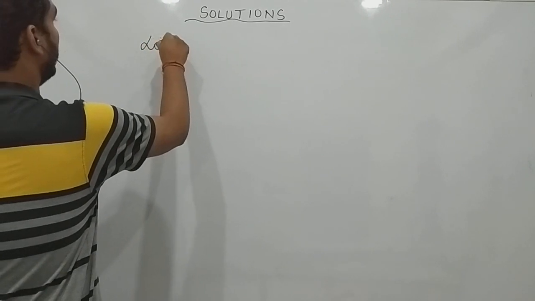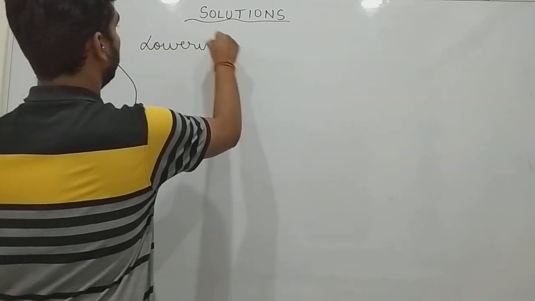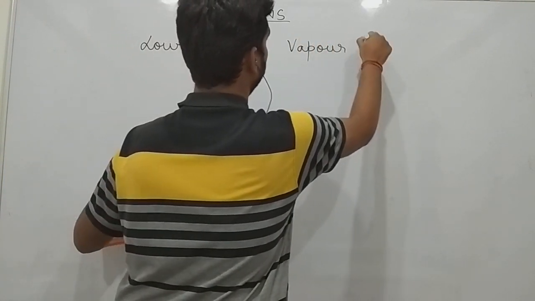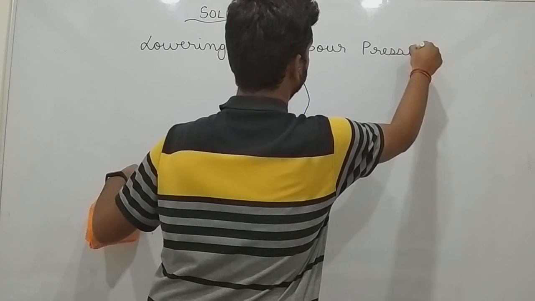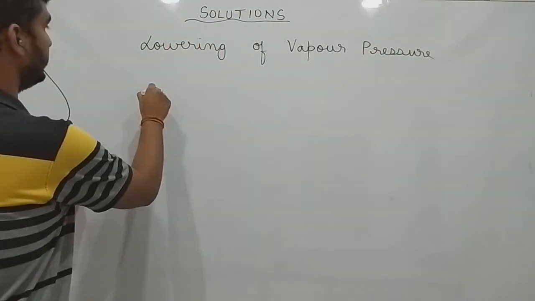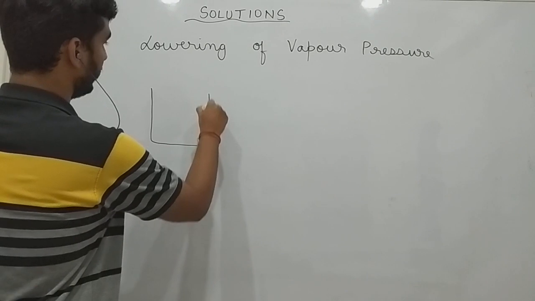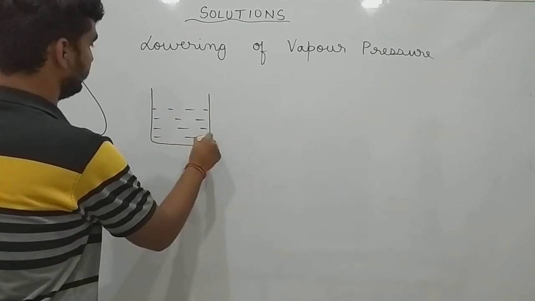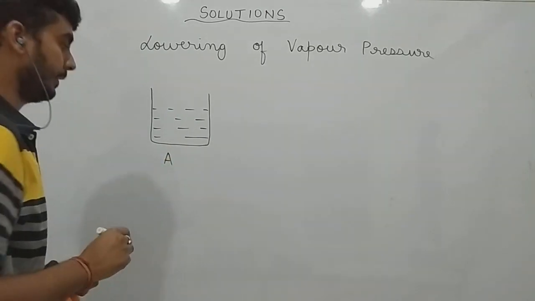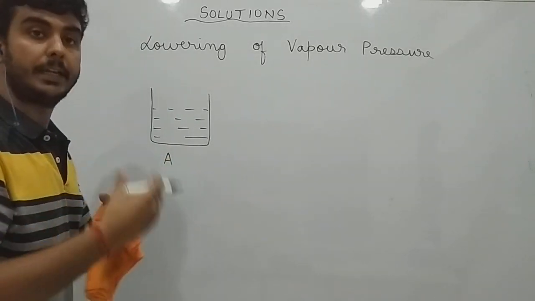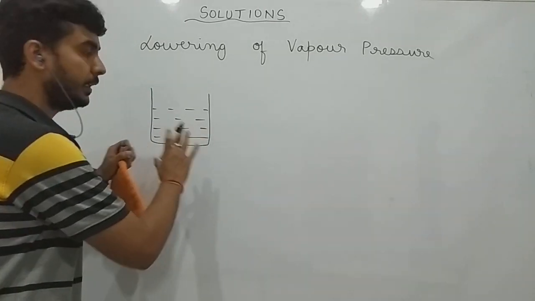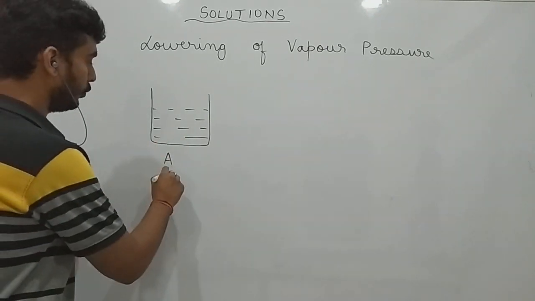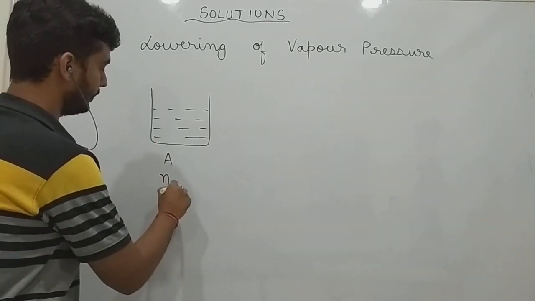So we'll be discussing lowering of vapor pressure. Suppose there is a container which is containing a solvent A. A is in its pure form, there is nothing mixed with A. The number of moles of A contained in this container is Na.